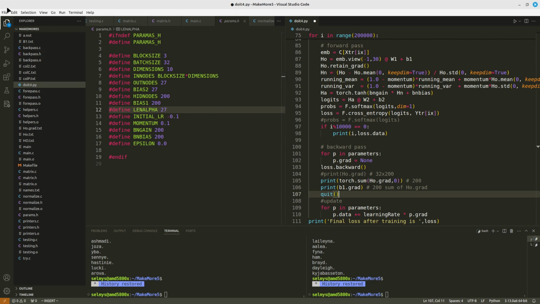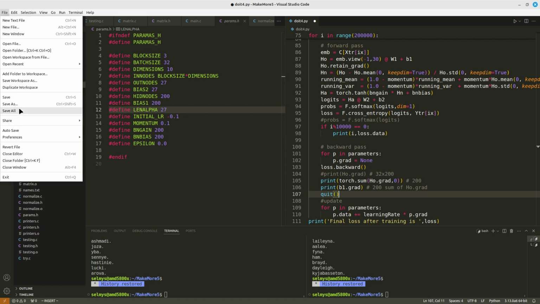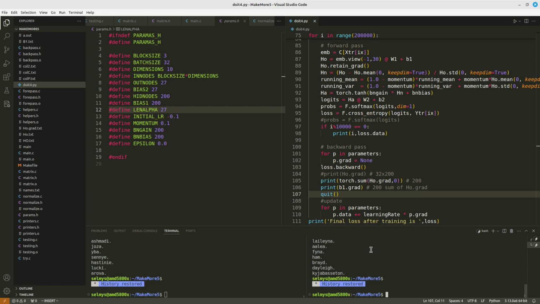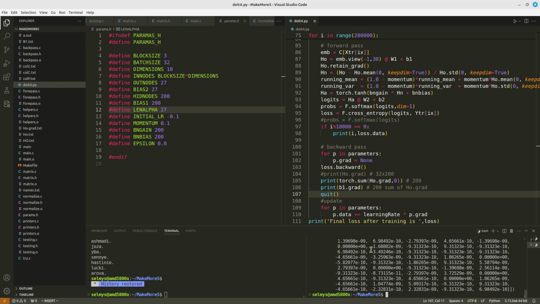I just want to stop it there, and let's see what those gradients come out to be. So I'll save that, save all, and then I'll clear this out, and run that, and that'll just do one pass, and show me those two outputs.